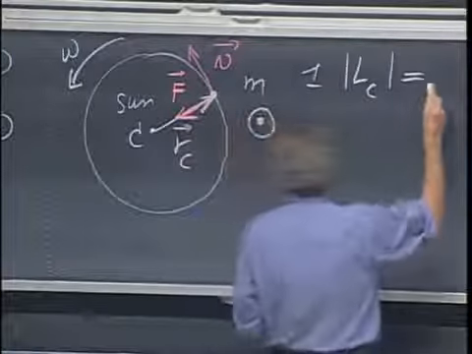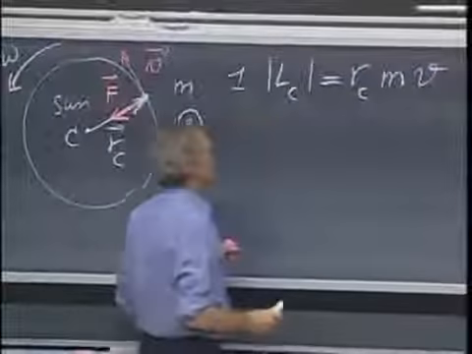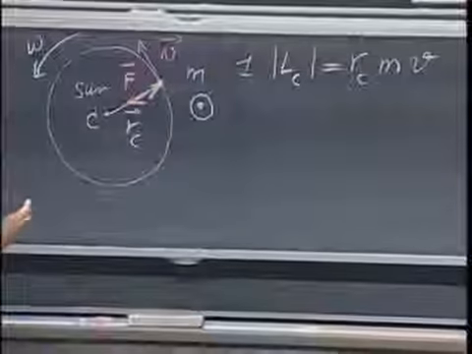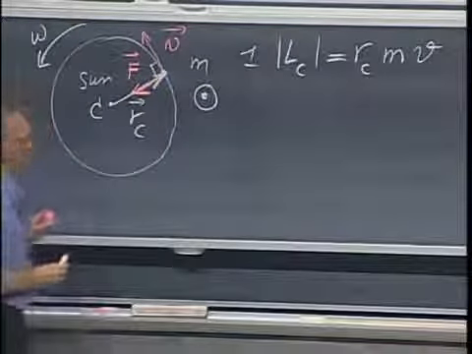That will be r of c times the mass times v. And the reason why I don't worry about the cross product now is because this angle is 90 degrees, so the sine of theta equals 1. Now, we may not like to leave v in there. It's up to you. You can always write v equals omega r, so you can also write then m r c squared times omega. Either one is fine.